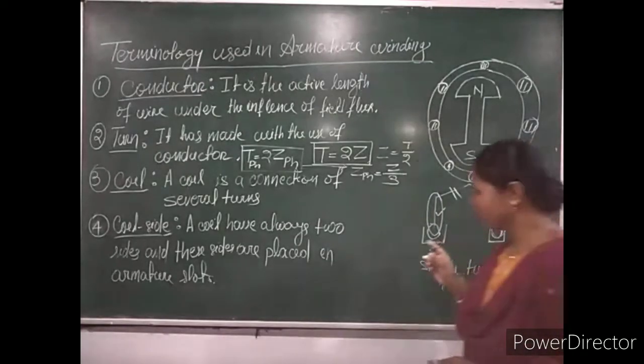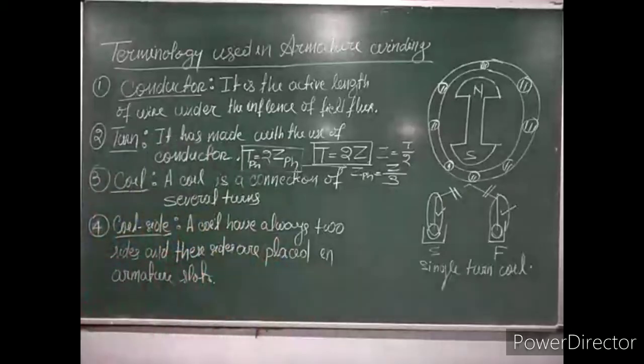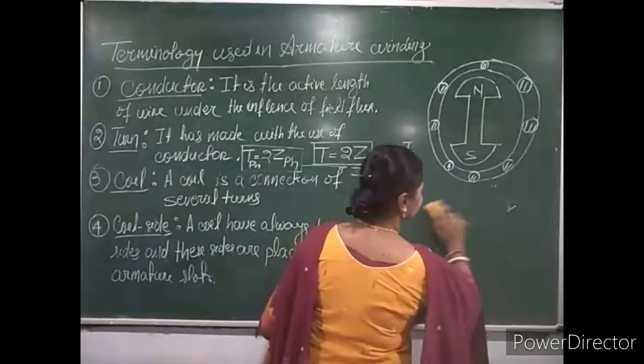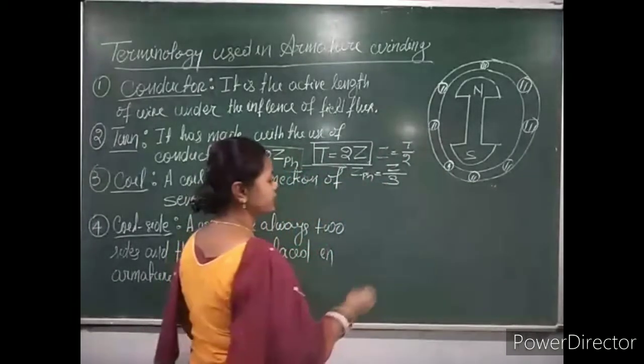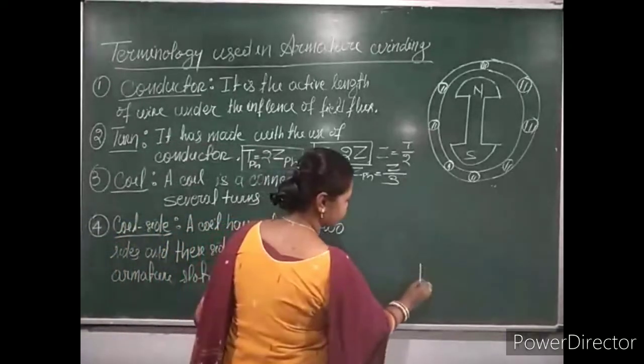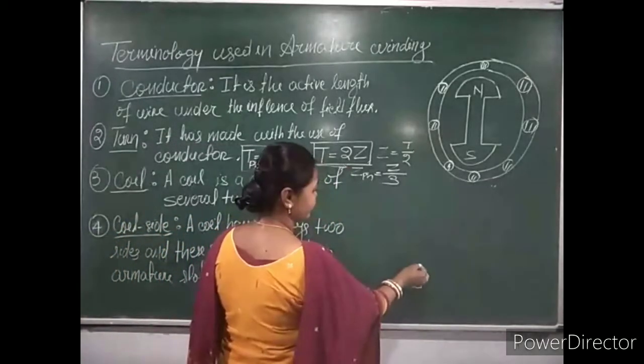If I want to draw a multi-turn coil, how do you draw it? Let us see. This is the single turn. For multi-turn, I connect several turns in series. Suppose this is the starting point.